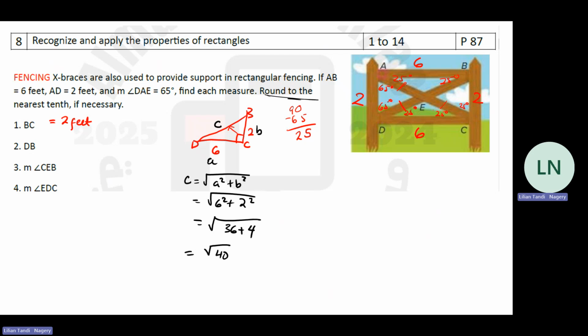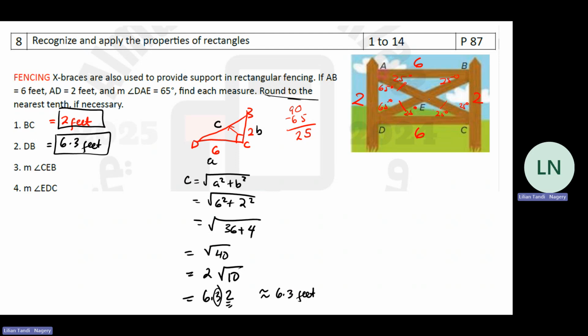The square root of 40 is 2 square root 10, which is 6.32 to the nearest tenth. I circle the 3, underline the 2: 6.3 and then feet. So DB will be 6.3 feet. Box your answers.